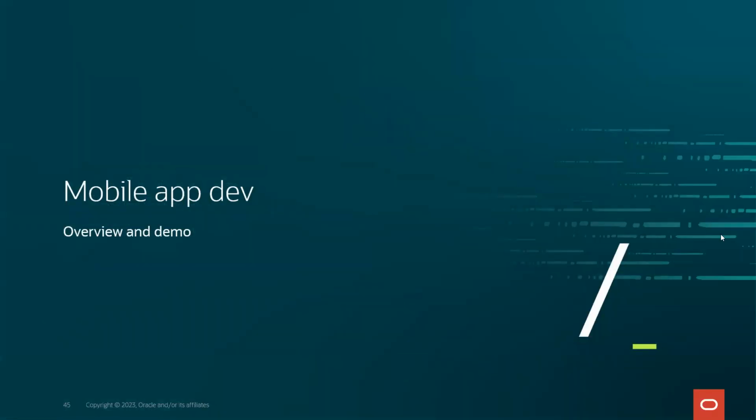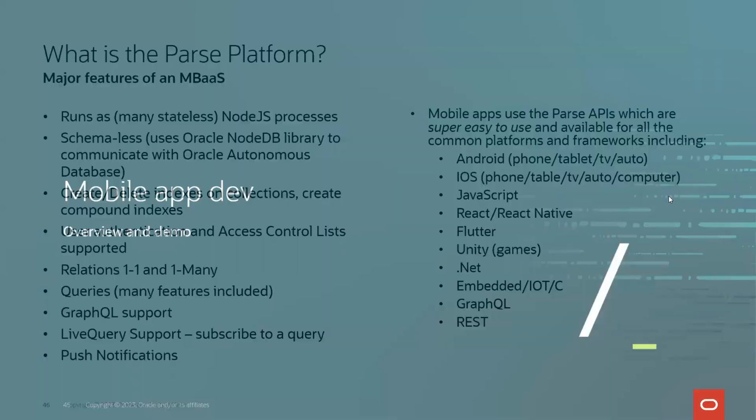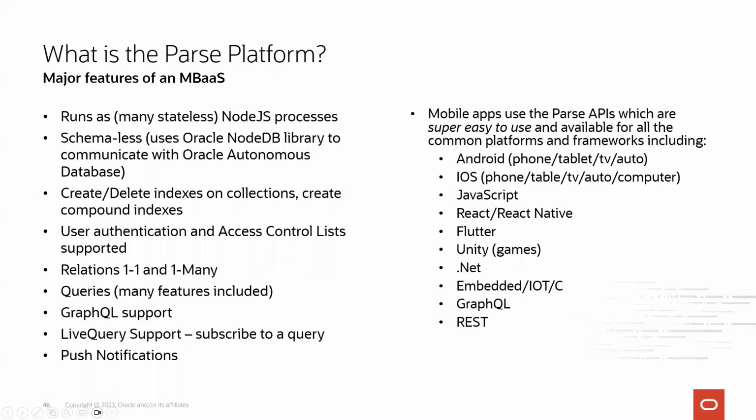Alrighty. So let me talk a little bit about mobile app dev. We include the option to have a mobile backend as well. So when you install the Oracle backend for Spring Boot, you can tick a box and you will also get a mobile backend based on Parse platform.